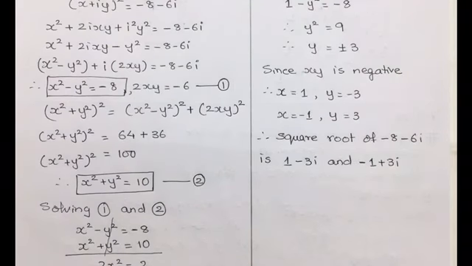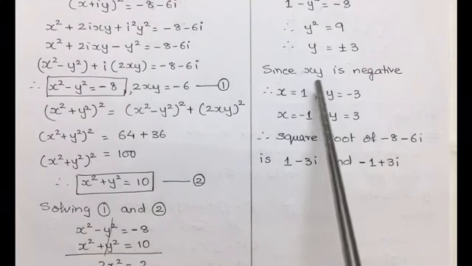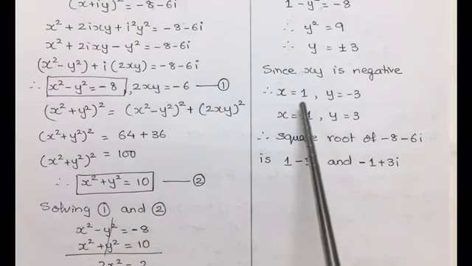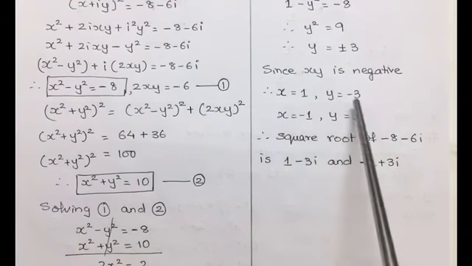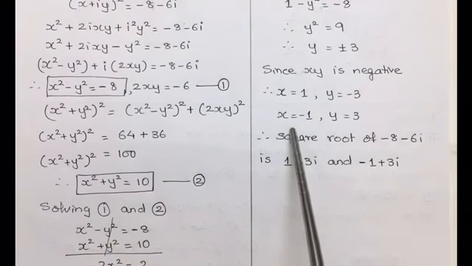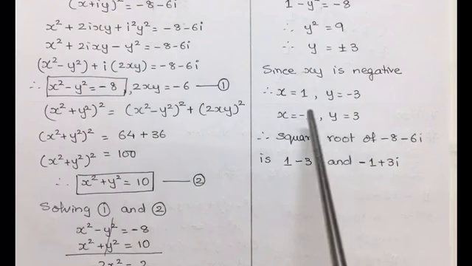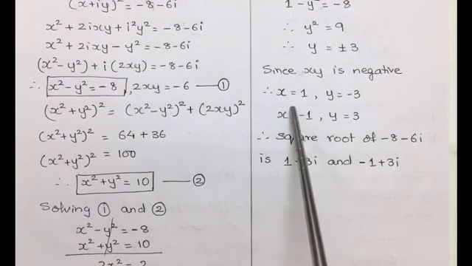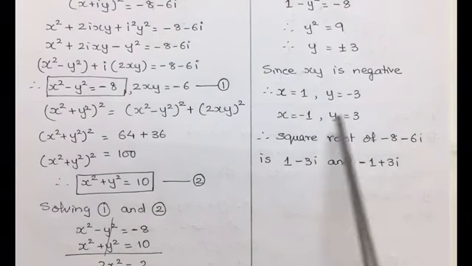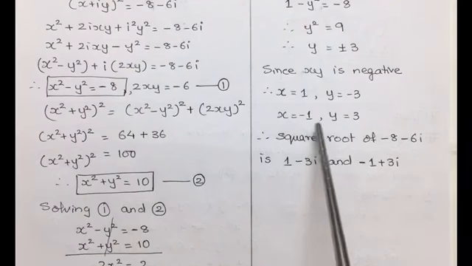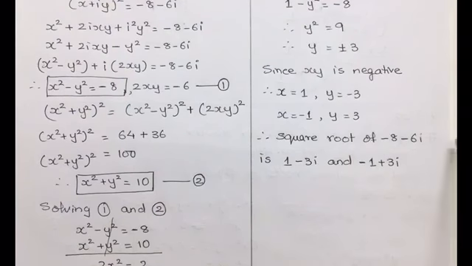Now to take the combination of x and y, we have to refer to the sign of xy, that is being negative. Hence if x is positive, y will be negative, and if x is negative, y will be positive. So we took the value of x as 1, y will be minus 3. If x is minus 1, y will be 3.